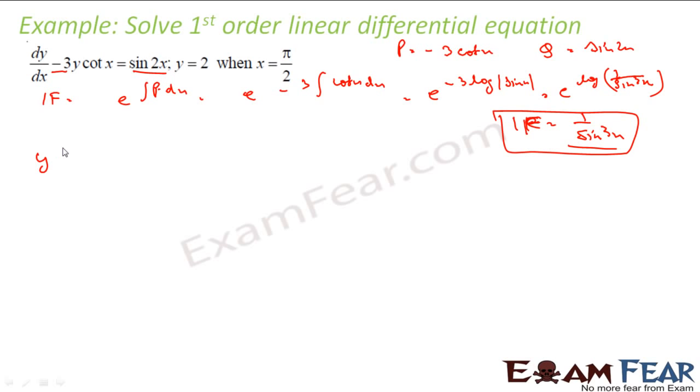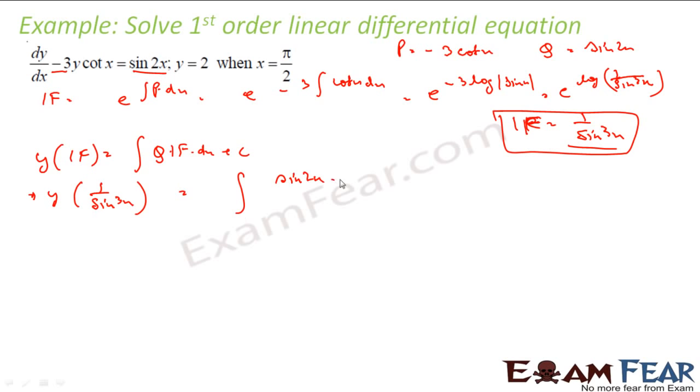The solution is simple: y times IF is equal to the integration of q times IF dx plus c, or I can say y times 1 by sine cube x is equal to the integration of q, that is sine 2x, times 1 by sine cube x dx plus c.